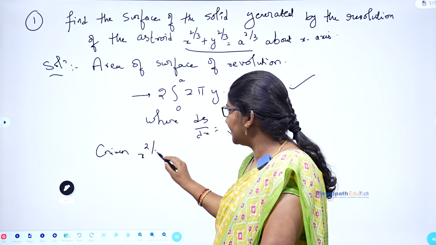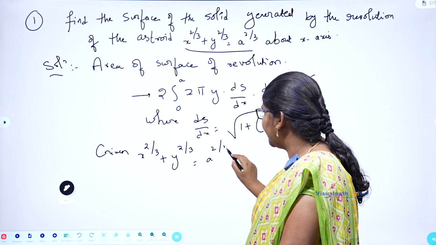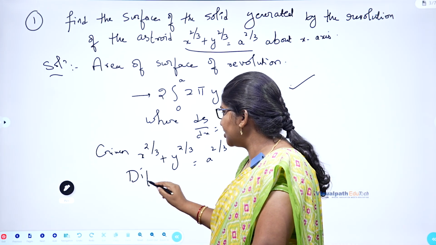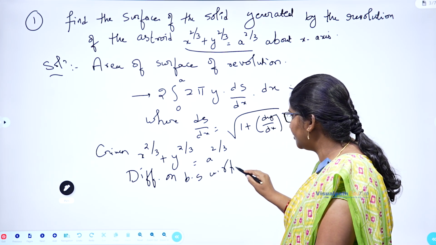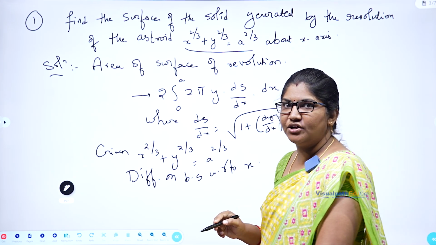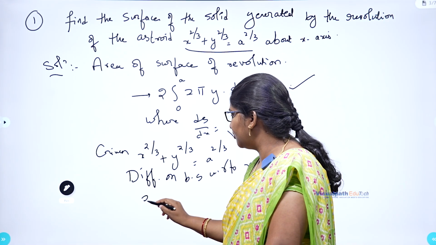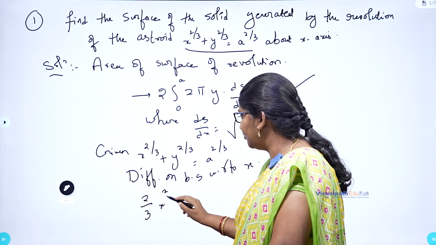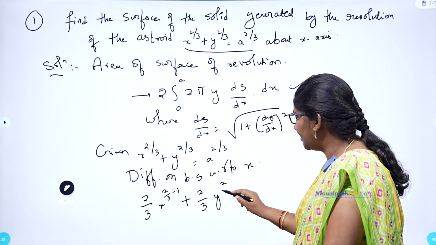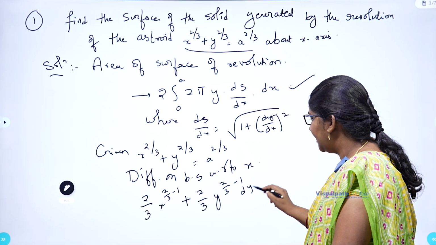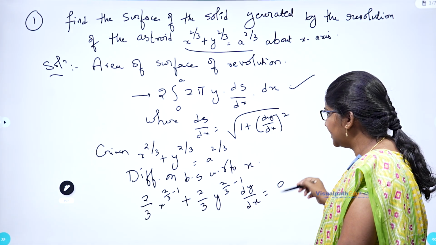x power 2 by 3 plus y power 2 by 3 is equal to a power 2 by 3. Differentiating on both sides with respect to x, we get 2 by 3 x power 2 by 3 minus 1 plus 2 by 3 y power 2 by 3 minus 1 into dy by dx is equal to the differentiation of a constant, which is 0.